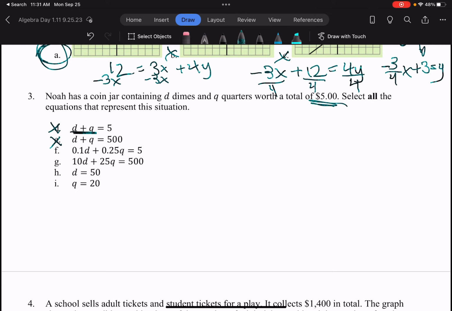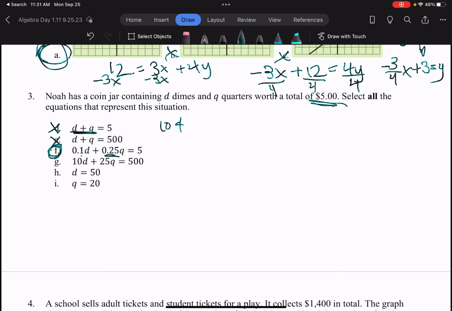That would work for both of those, because the amount that a dime is worth and the amount that a quarter is worth is different. F has 0.1, that's a dime because a dime is 10 cents, right? And then 0.25, that's right, because a quarter is worth 25 cents, equals $5, so F works. G says 10D plus 25Q equals 500. Well, let's see what they did here.